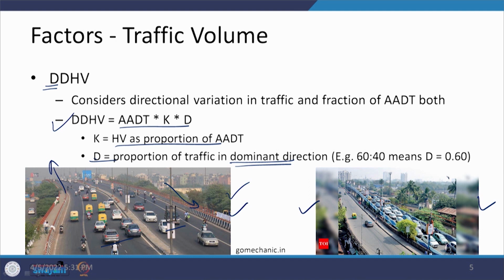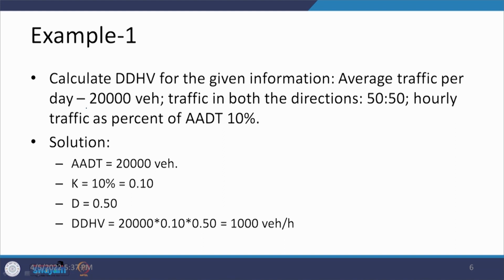So, if it is 50-50, meaning the traffic moving in either direction is equal, then we are going to take D as 50, but if it is 60-40, D is going to be taken as 60. So, these are the values we are going to consider, and once we have these values we can calculate DDHV. Let us look at this example, where we have been given the average traffic per day as 20,000 vehicles.